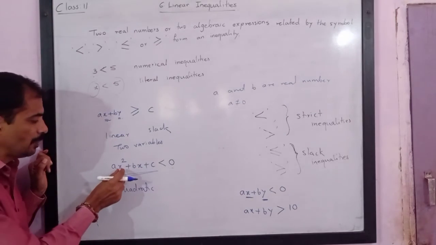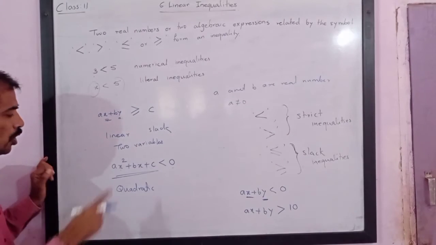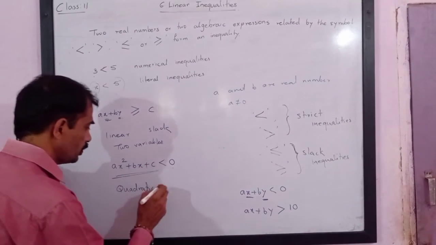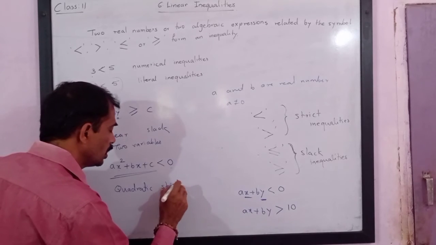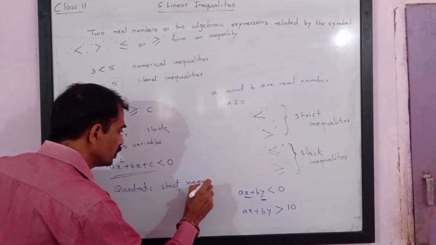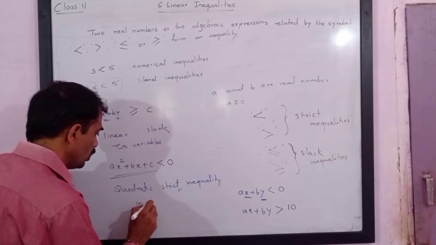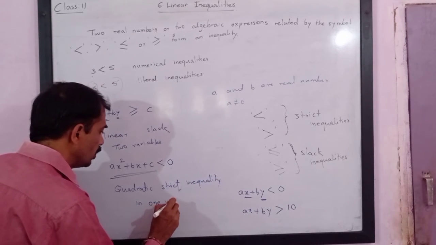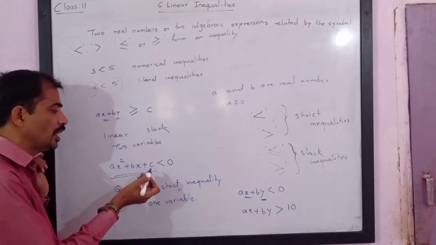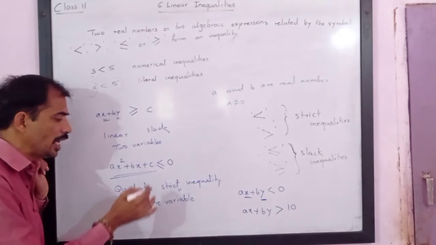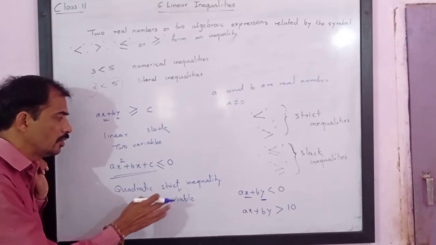Please try to understand, here the power of x changes but the variable is only one. And if there exists a less than equal to symbol, then it becomes a slack quadratic inequality in one variable.